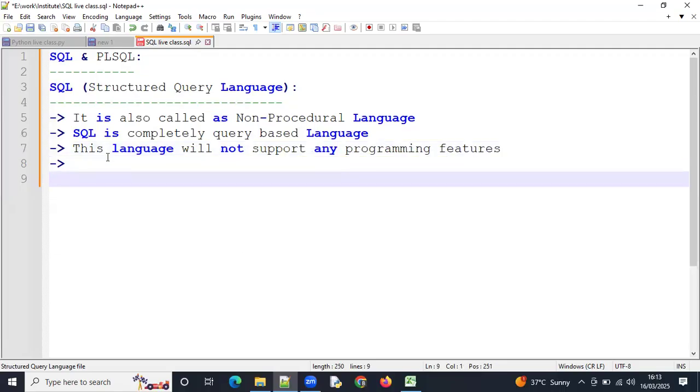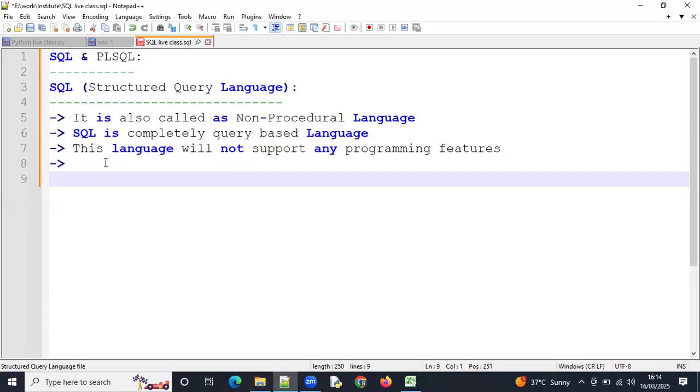Here you can observe that some of the words are coming in blue color and are highlighted. Why are they highlighted? Because we are writing notes in SQL format, so the commands present in SQL are automatically highlighted.